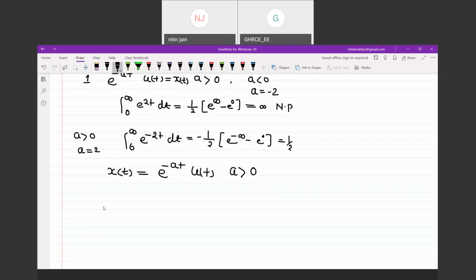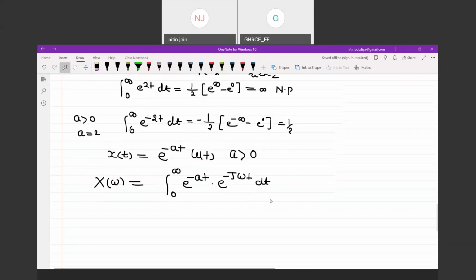Now x of omega for the given function can be written as the integral from 0 to infinity, because of u of t, of e to the power minus a t into e to the power minus j omega t into dt.